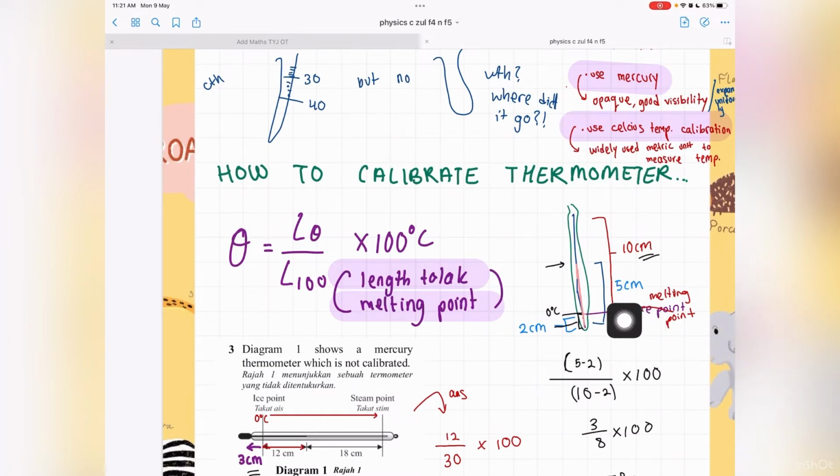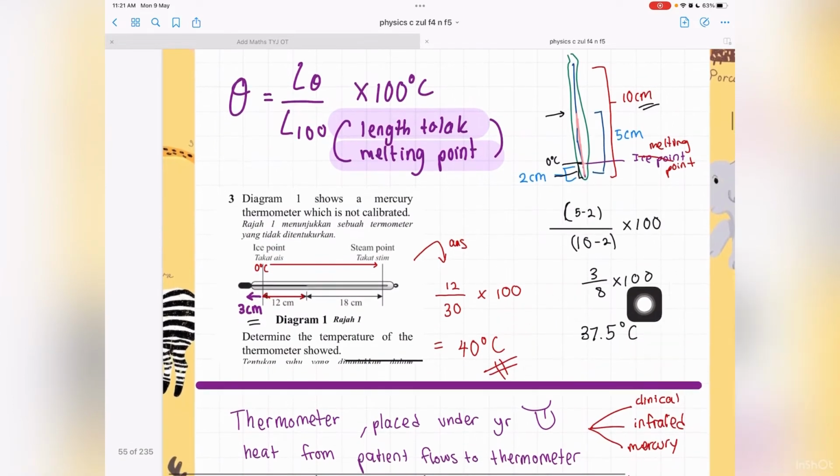So let's say the point is at 2 cm, so 5 minus 2, and the length of the whole thermometer is 10 centimeters. You have to minus the point, remember? So 10 minus 2 is 8. So it is 3 over 8 times 100, and you'll get 37.5 Celsius. Always times 100, okay? This is the 100 Celsius basically.